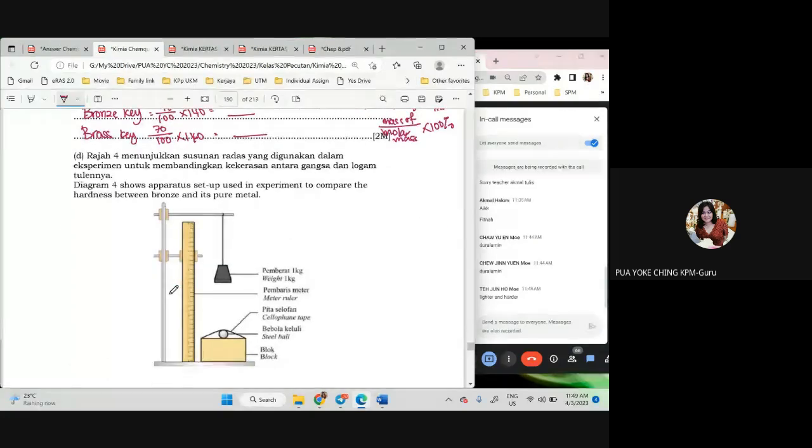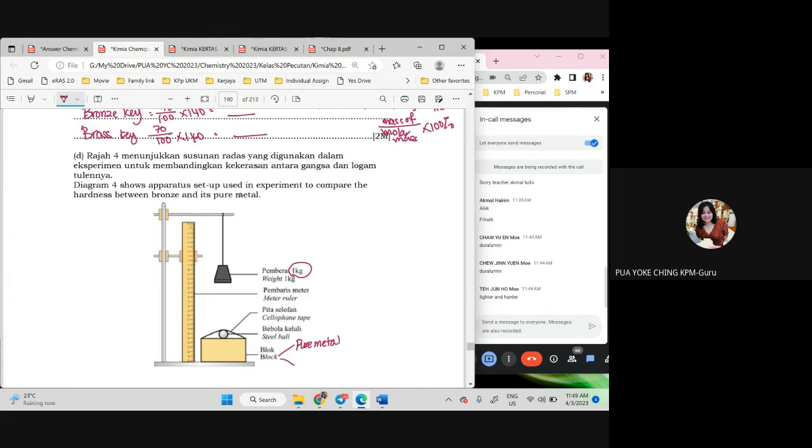Okay, so this is the experiment to compare the hardness of alloy and pure metal. So you will have a weight atas. The weight will be dropped on your steel ball. Okay, bola keluli that you put on the block. So this block, one must be your pure metal.